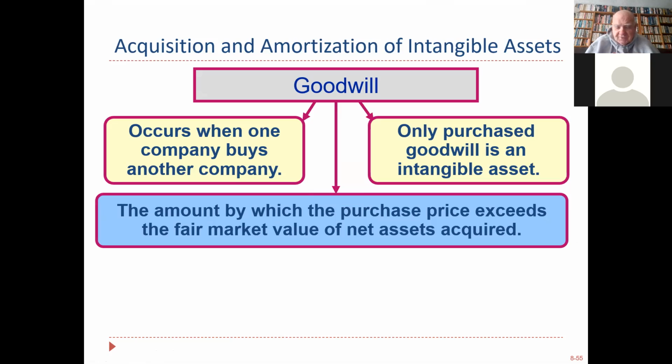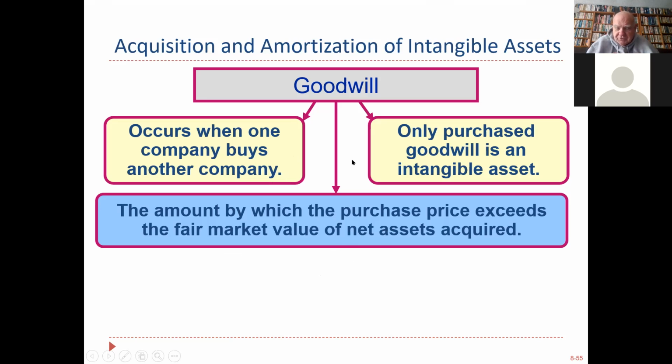Goodwill is the amount a buyer pays above the fair market value for the company. And notice I said fair market value, not the book value. It's a big difference. Goodwill occurs when one company buys another company, and it's the amount by which the purchase price exceeds the fair market value, okay?